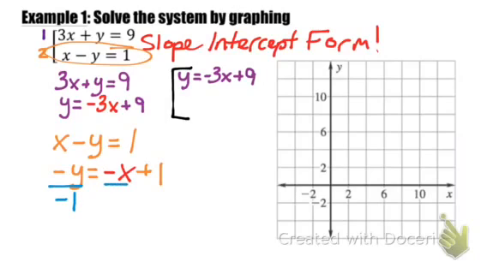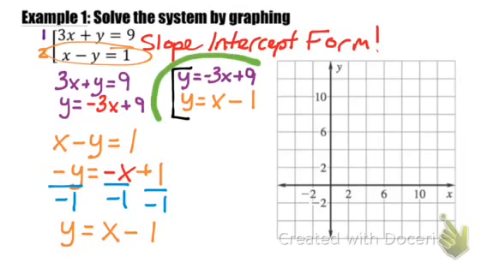If I divide by negative 1, I'm left with a positive y equals a positive x minus 1. Now my second equation is in slope-intercept form, so I'm going to add it to my system on the right. And now my system is in slope-intercept form. Both equations are in slope-intercept form, which makes my life a lot easier when I graph it.